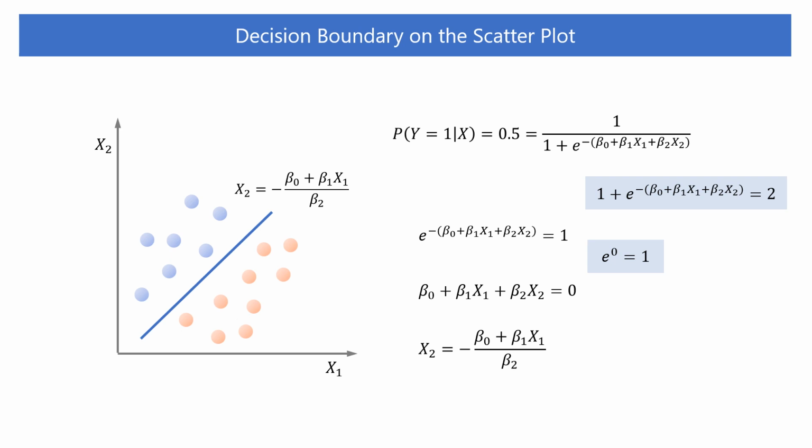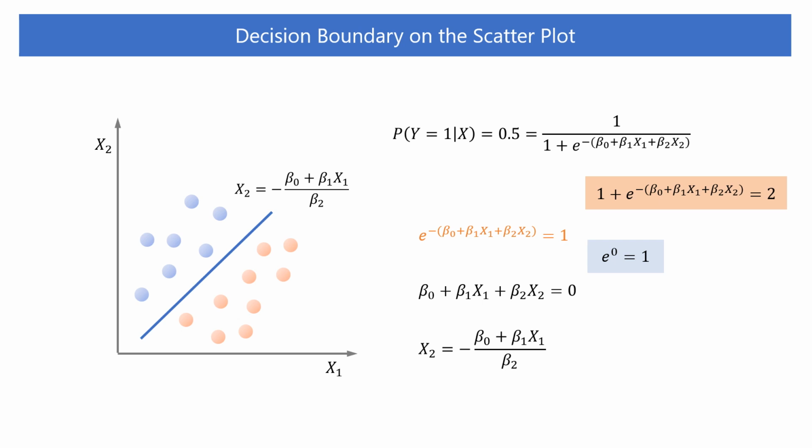Consider the case where there are two predictor variables, x1 and x2. Suppose that the data are represented by this scatter plot using the values of x1 and x2. The decision boundary can be represented by this equation because the output of the logistic regression is a line of 0.5.